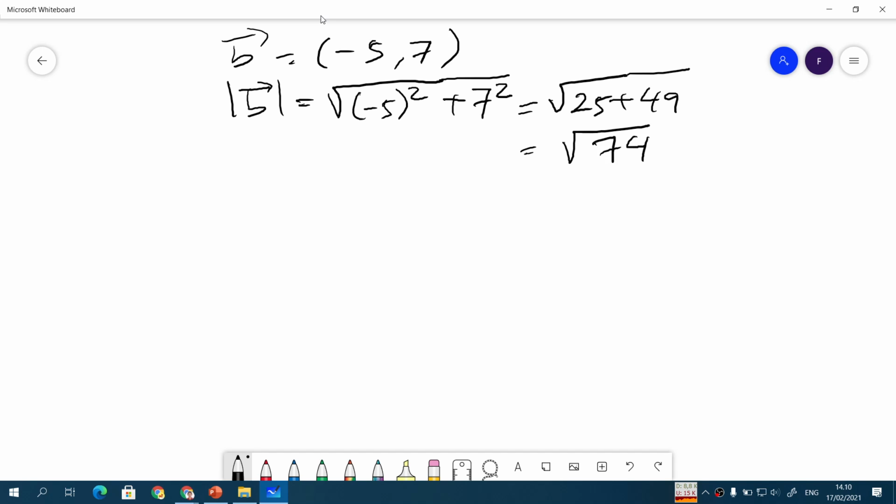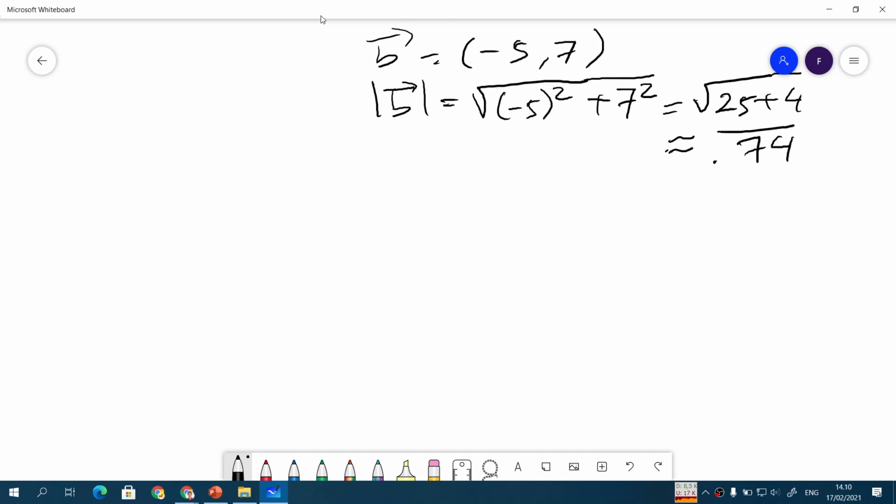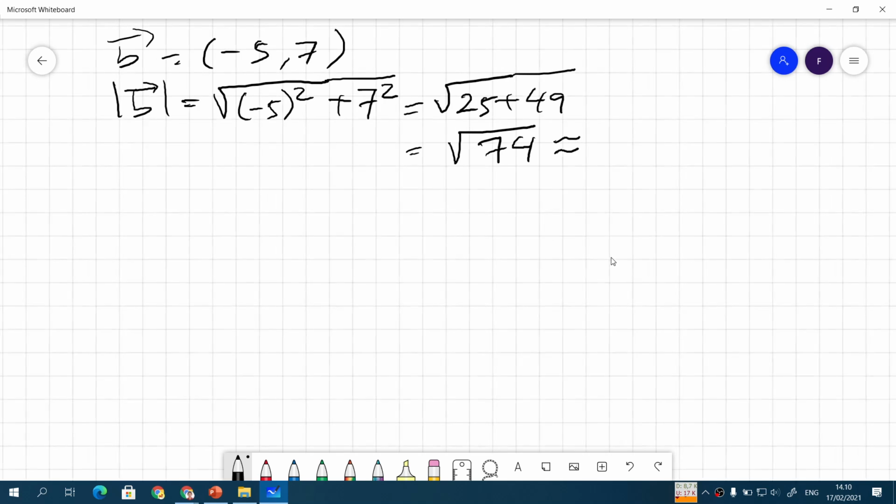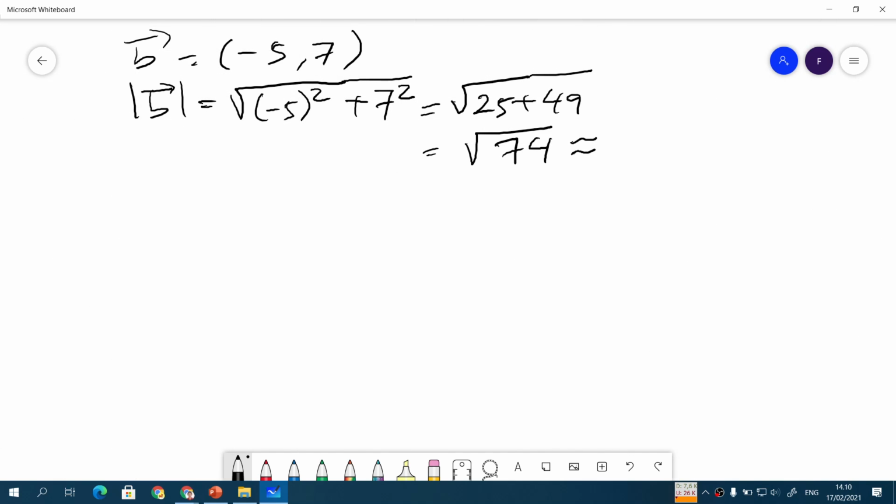That's 74, and I use the calculator to find the decimal. It is 8.60 something. You can just use 8.6 or 8.60, that's fine.